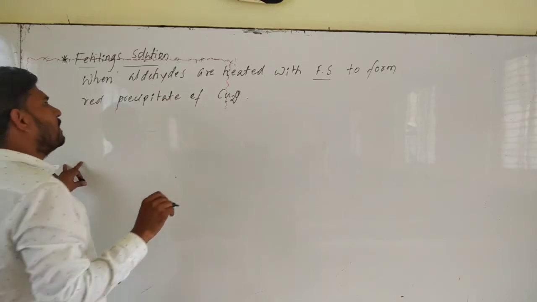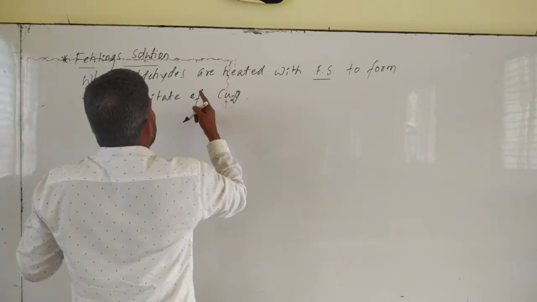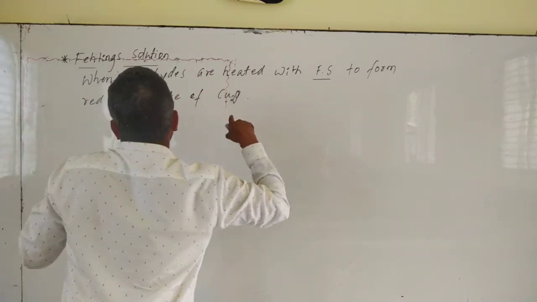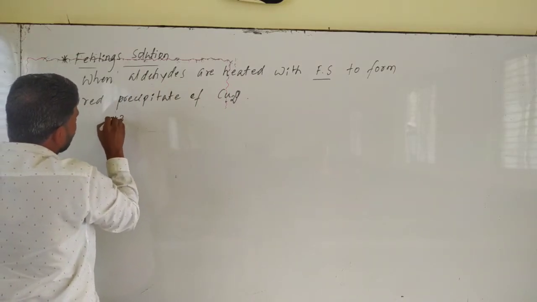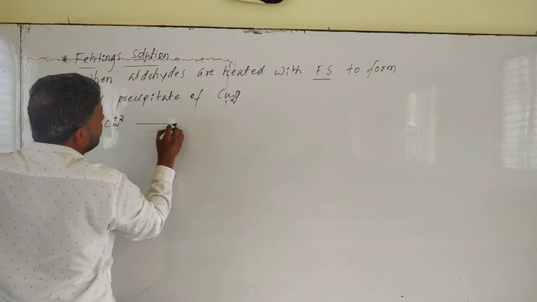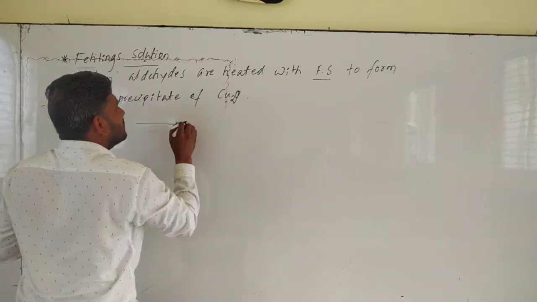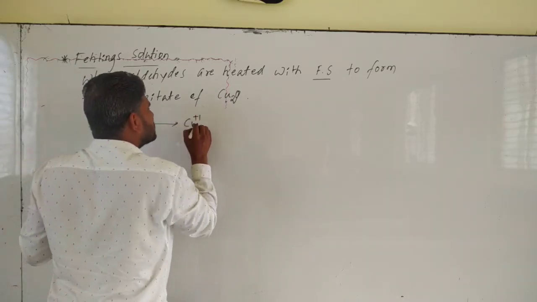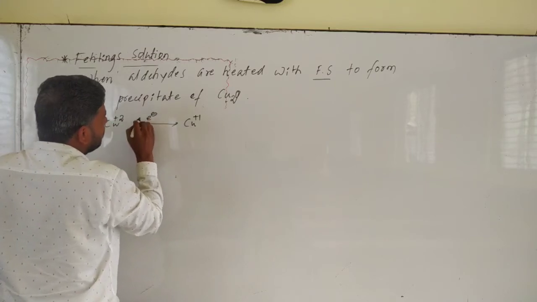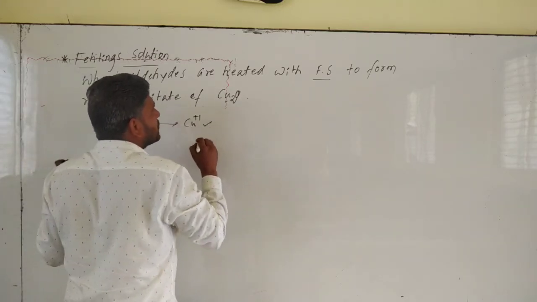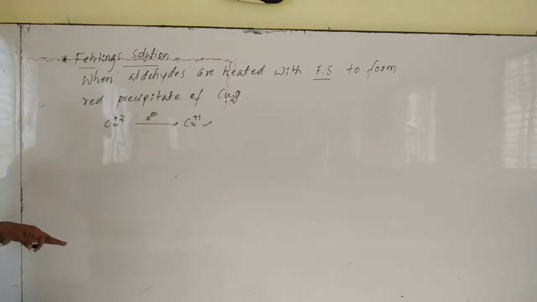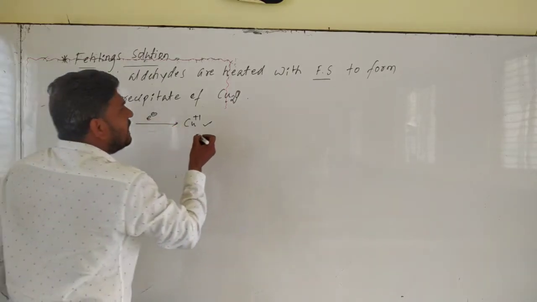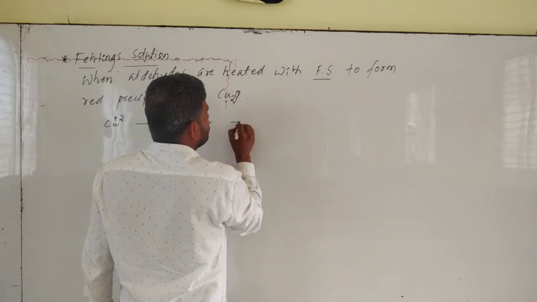Cuprous oxide. Listen, Fehling solution contains what? Copper 2+ ion. Copper means cupric. But over here, Cu2+ becomes Cu+. How many electrons are needed? 1. Cupric becomes cuprous, meaning it undergoes reduction. Then it acts as a mild oxidizing agent.